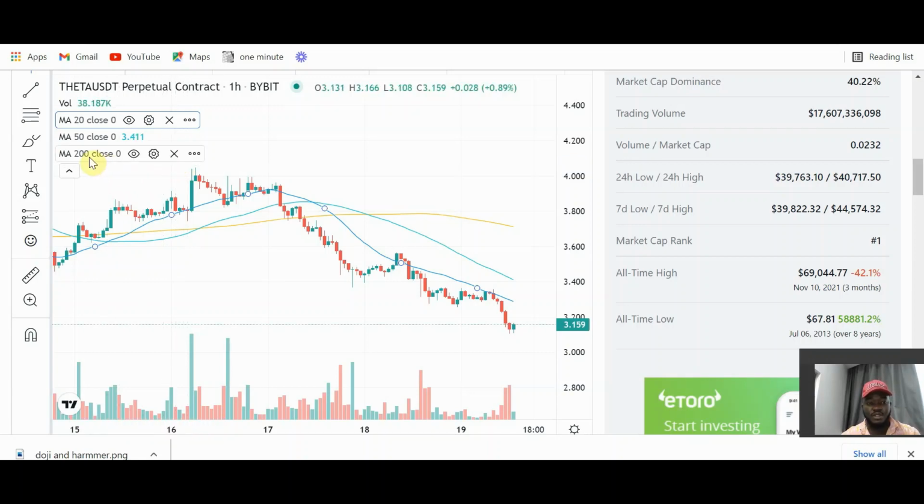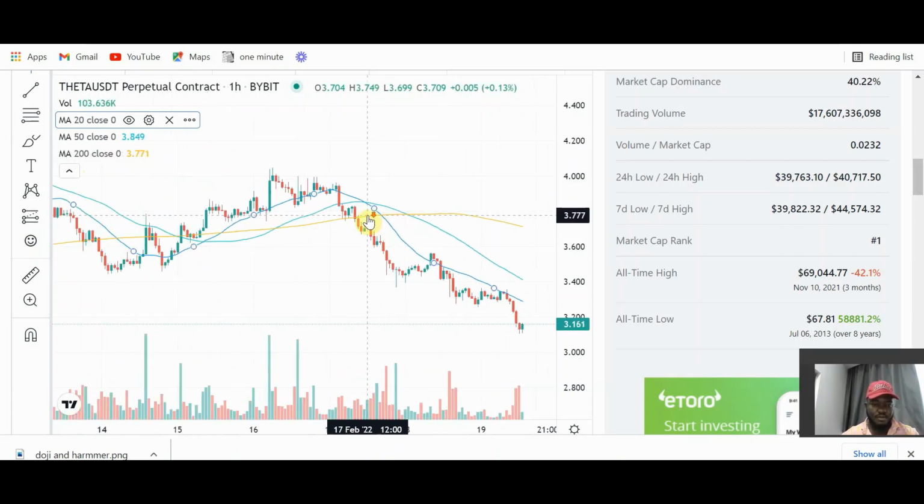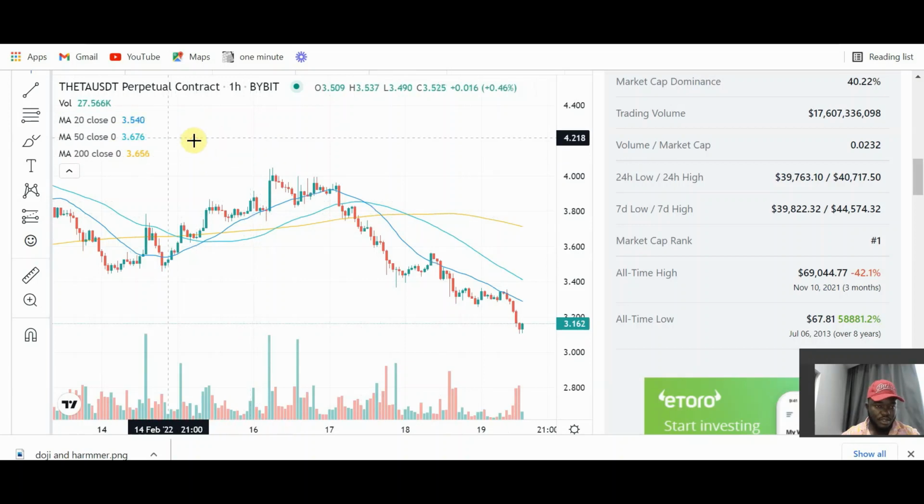I think, if I'm not mistaken, that's how you find it. Yeah, we find a death cross and it shows a very big bullish time.